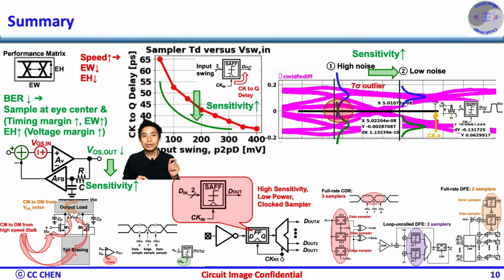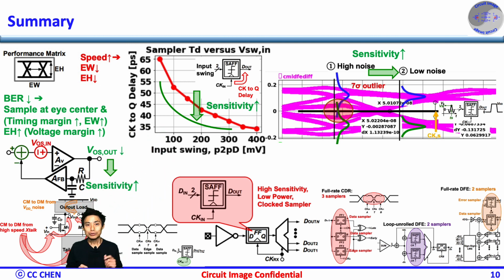Third, we need to reduce the residual input offset of the sampler after its DC offset calibration. Lastly, watching out for any cause of CM to DM conversion due to any residual asymmetry in layout and external coupling sources of toggling signaling is a must to increase the input sensitivity of the sampler.